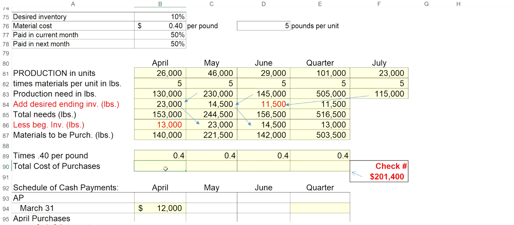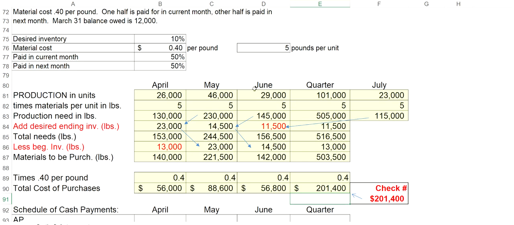Okay, for budgets, I need it as a dollar amount, not number of pounds. So therefore, I will take the last two numbers and multiply them. So 140,000 pounds times 40 cents is $56,000. Okay, I'll do the same for May, June, and the total column. Okay, and I did get my check answer of 201,400.